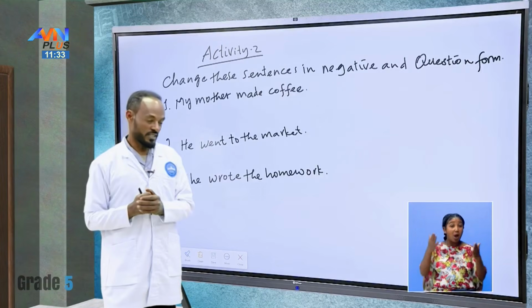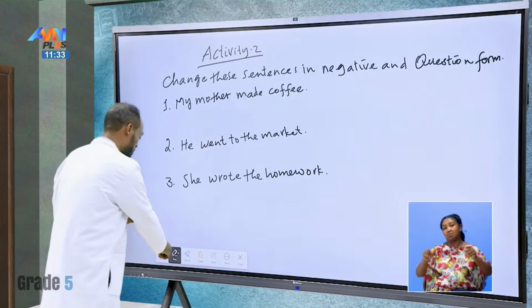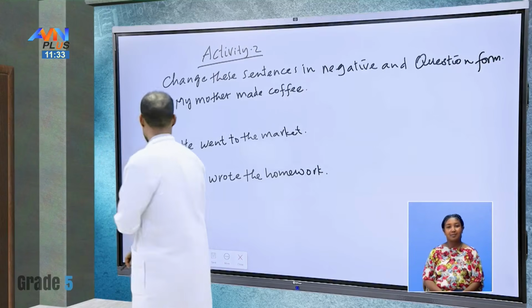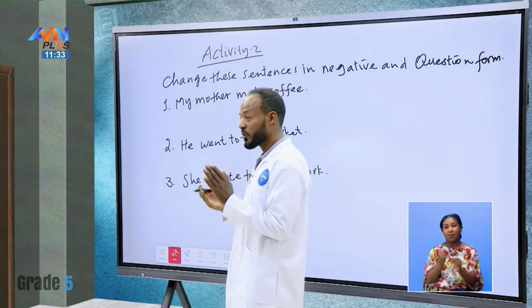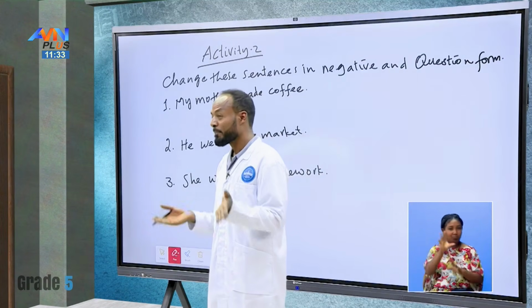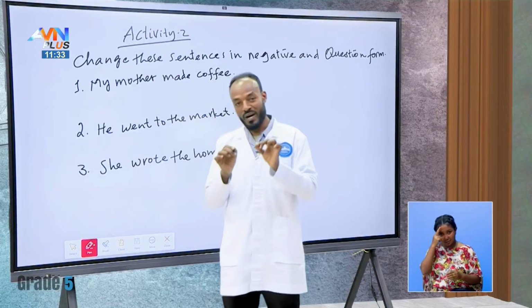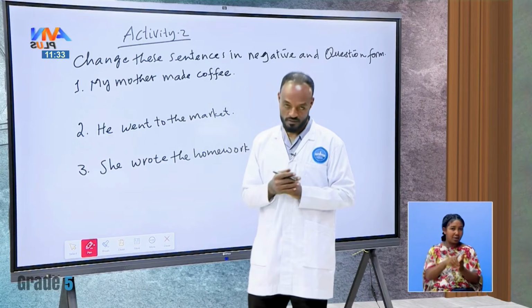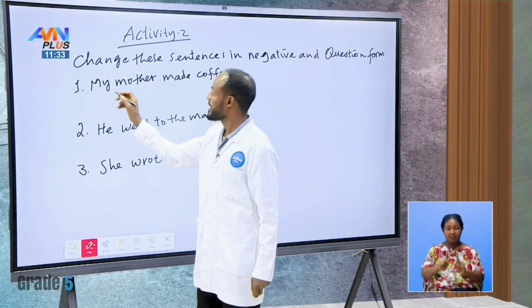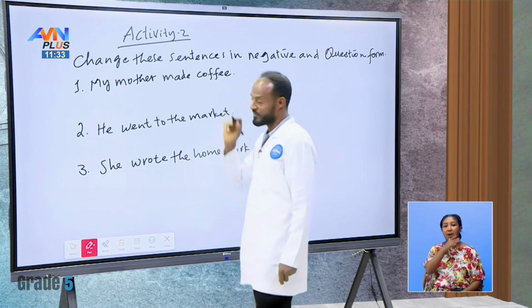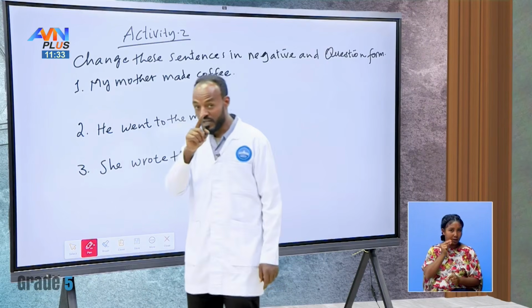I hope you did it. Bravo. Come on. Let's do it now. If you are wrong, don't worry, because if you try again and again, you can be perfect. Okay? Come on here. My mother made coffee. We have to start from what?